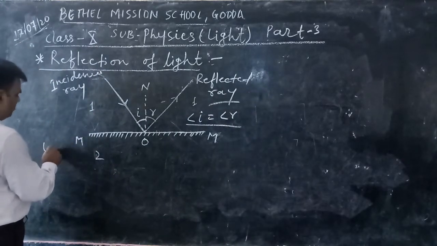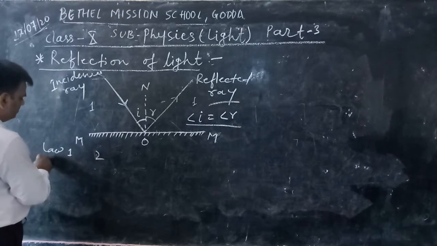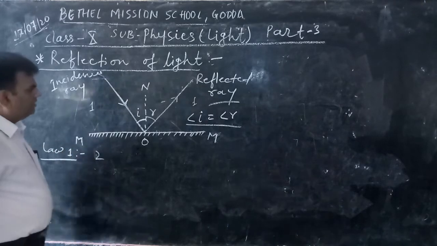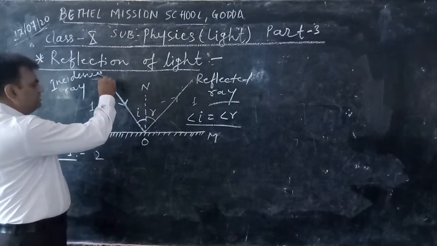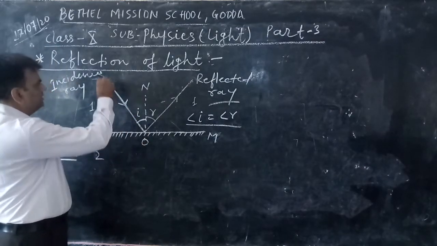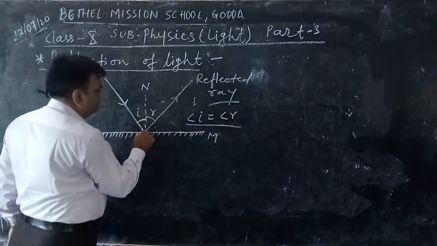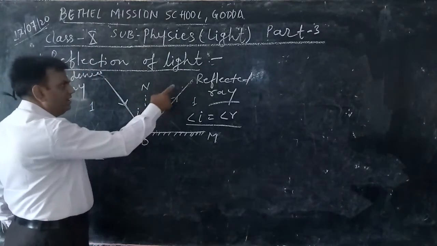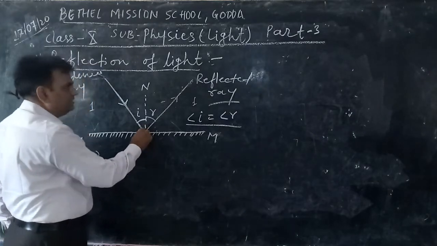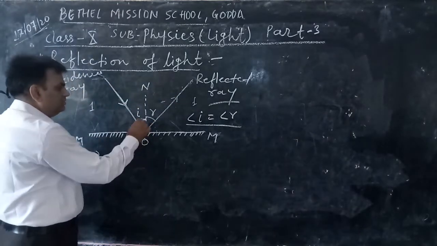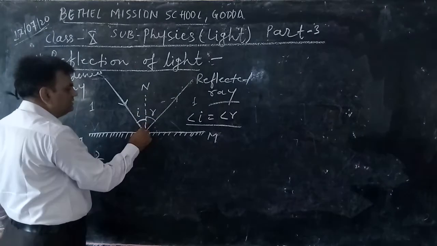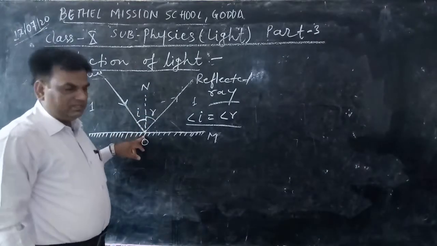So the first law, law 1. What is law 1? The ray which is incident on the surface is known as the incident ray. The ray which reflects from the point of incidence is known as the reflected ray. And the normal is the imaginary perpendicular line at the point of incidence.